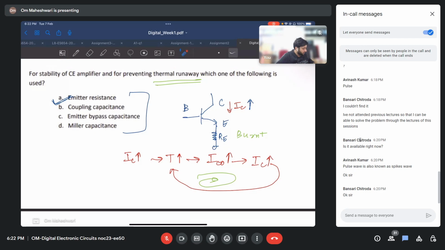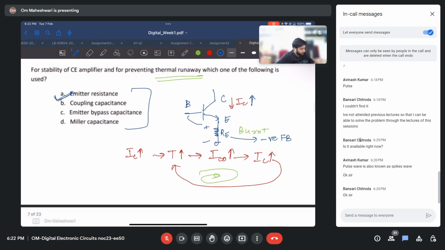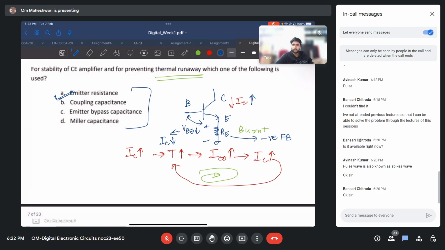So in this way, this RE gives a negative feedback. Since voltage is dropped here, as IC increases, this VBE decreases, which decreases IC. This is how it prevents thermal runaway.